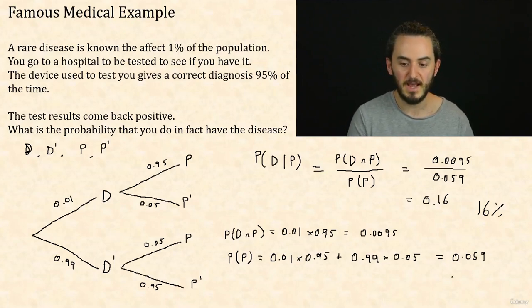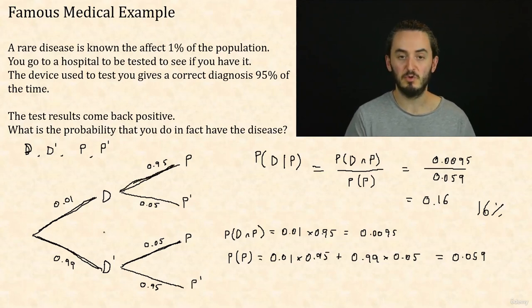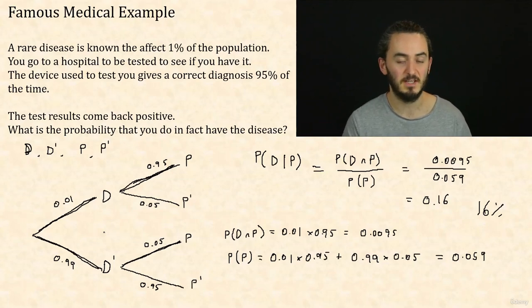The disease is so rare that it's just way more common to not have the disease and get told incorrectly that you have it than having the disease and being correctly told that you've got it. That's kind of it. You imagine 1,000 people going in, just more of them would be people who don't have it and got incorrectly told that they do than people who actually have it and get told they do.